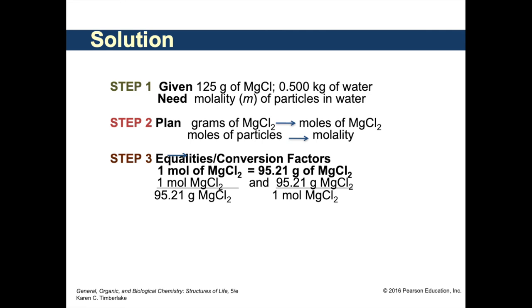Now, here's where magnesium chloride being a strong electrolyte comes in. How many particles does this many moles of magnesium chloride split up into? This is where you've got to consider that magnesium chloride, being a strong electrolyte, splits up into all of its ions. How many ions is that? Again, I'm kind of asking, what's the Van Hoff factor, in a way, for those of you in Chem 111, 112?